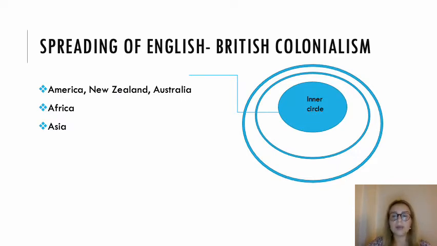After that, Britain expanded its colonies in Africa and Asia. This colonization led to the development of many second language varieties of English, often called New Englishes, such as Indian English.